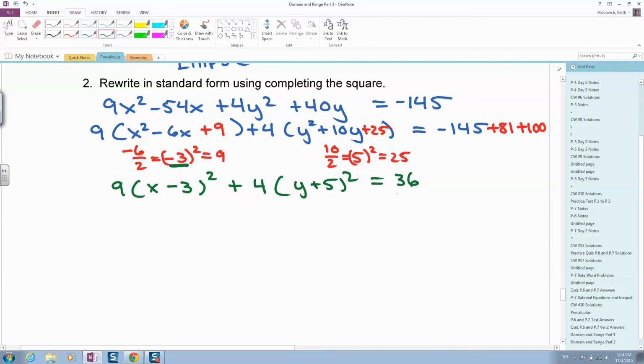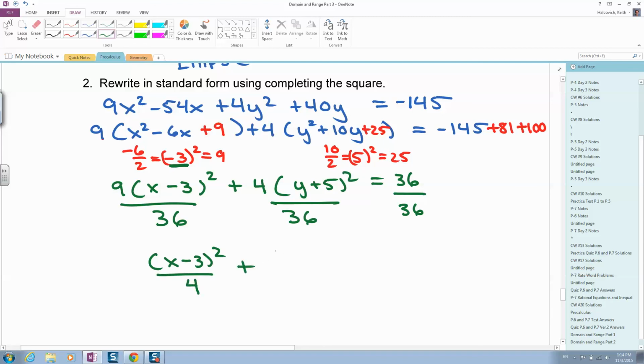Then remember, I need to get it equal to 1. So I divide by 36. And notice I get (x - 3) squared over 4 plus (y + 5) squared over 9 equals 1. So that's my equation for my ellipse.